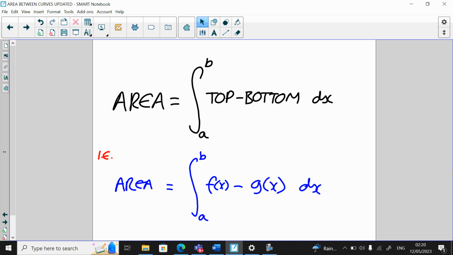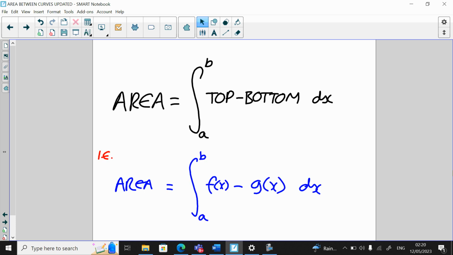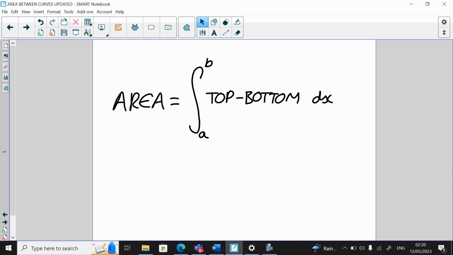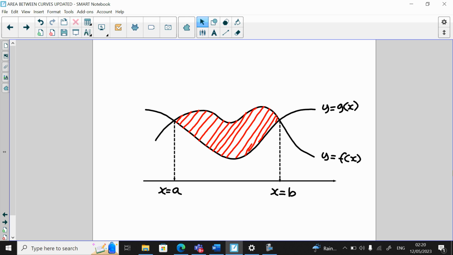And because I was looking at f of x and g of x, I just want to point out, why is f of x the top one? Well, you can see if we trace it here, the top bound there, if I just come along here, that's why it is f of x.